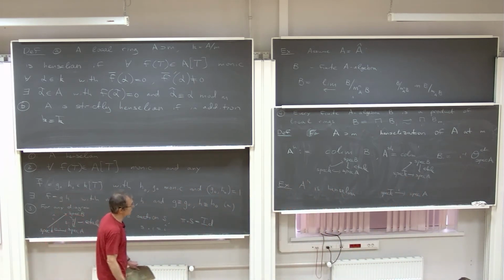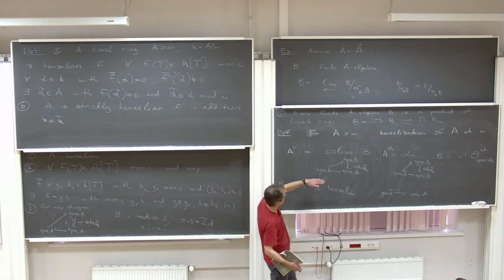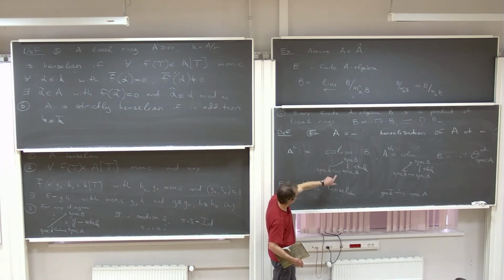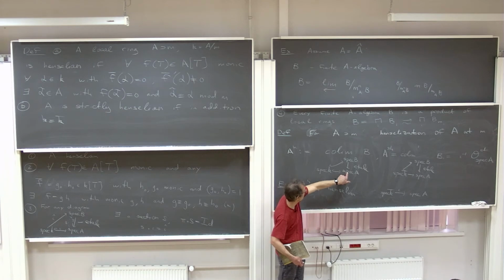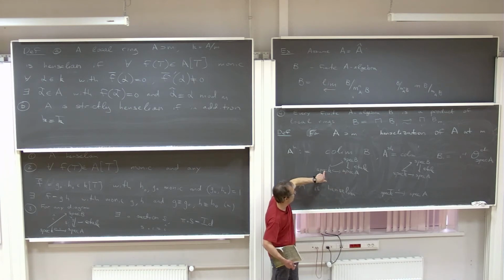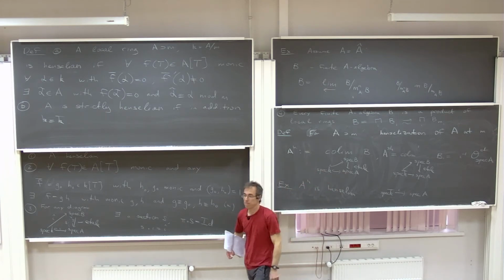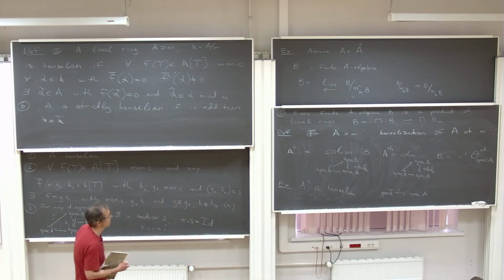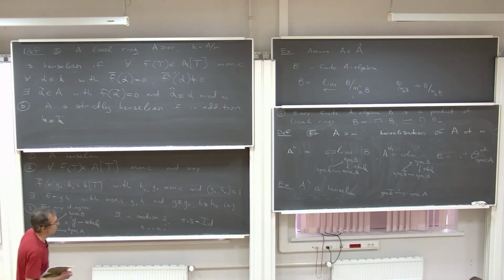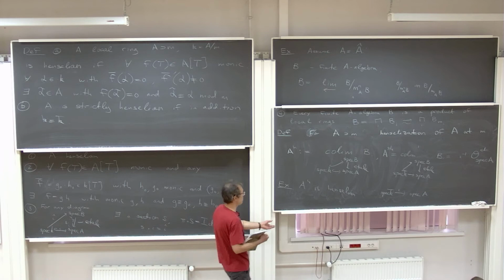So this guy can also be expressed as you take the inverse limit with respect to this map, and then you take the global sections. Okay.